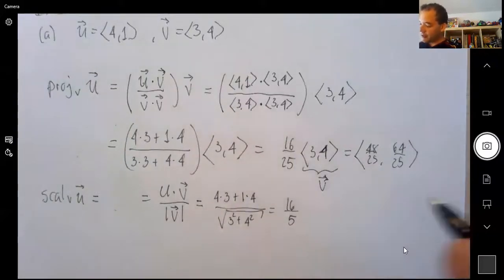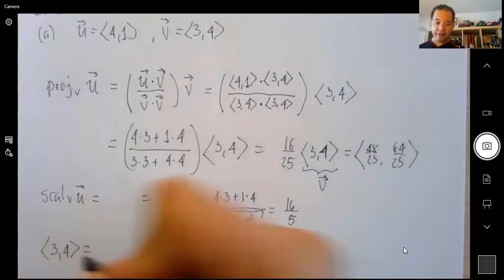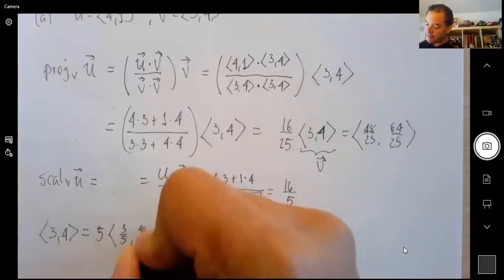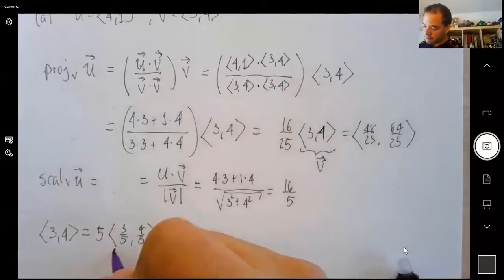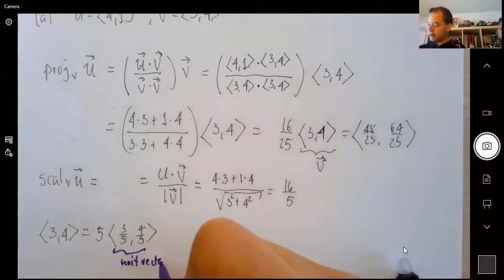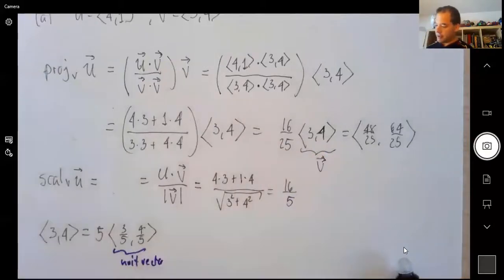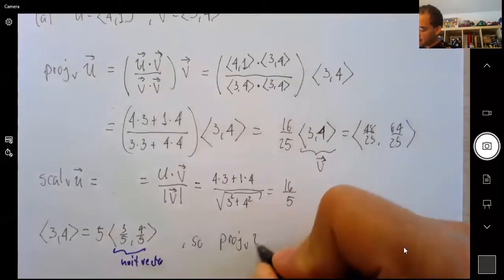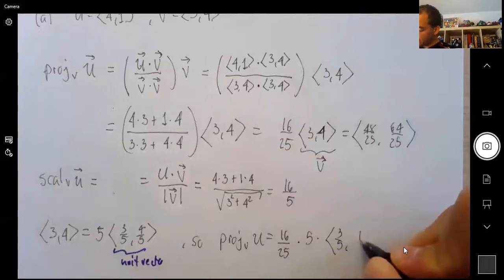So in other words, how do I do it? Here's how you reconcile it. This vector (3, 4) has length 5. So it's really 5 times (3/5, 4/5). This is a unit vector. So if I go back to the projection, the projection is 16/25 times 5 times (3/5, 4/5).